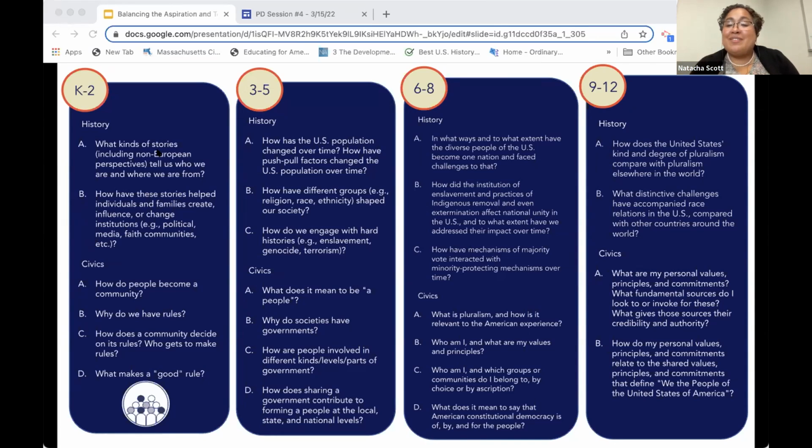As I mentioned, those challenges in 3-5 come to the surface in 6-8 in that first history question: in what ways and to what extent have the diverse people of the US become one nation and faced challenges in that? What is pluralism and how is that relevant to the American experience? So you see the complexity build and spiral through the grade levels, which is one of the fabulous characteristics of the roadmap, because we're setting the foundation of knowledge in kindergarten and building that up through the older grades.